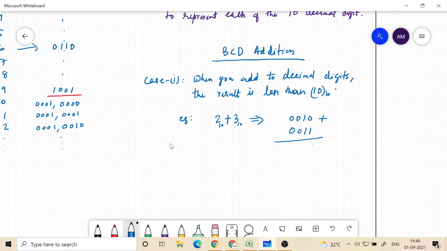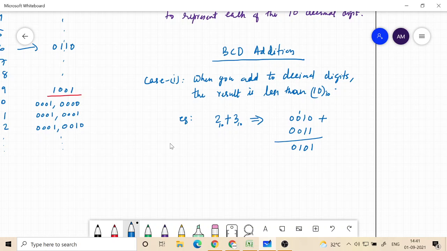Add this result, what are you getting? 0 plus 1, that is 1, and then 1 plus 1, that is 0. You have a carry, bring it down, and then 0 plus 0, so that will be 0. Now, the inputs are in BCD code. The output also we need to look at as if it is a BCD code.